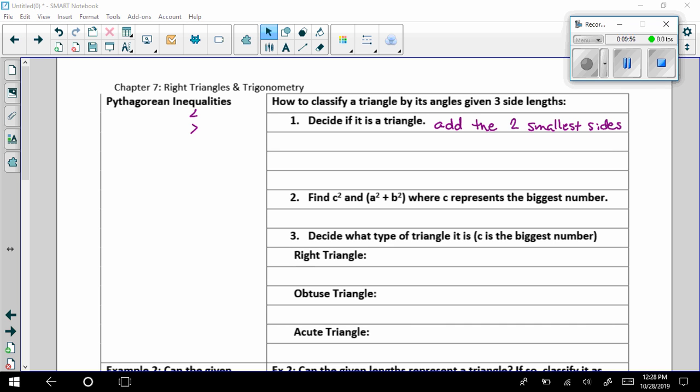So add your 2 smallest sides, okay, if the sum, so if that answer is greater than the third side, then it is a triangle.